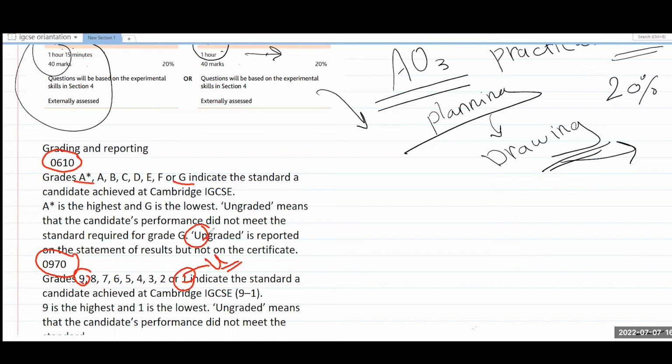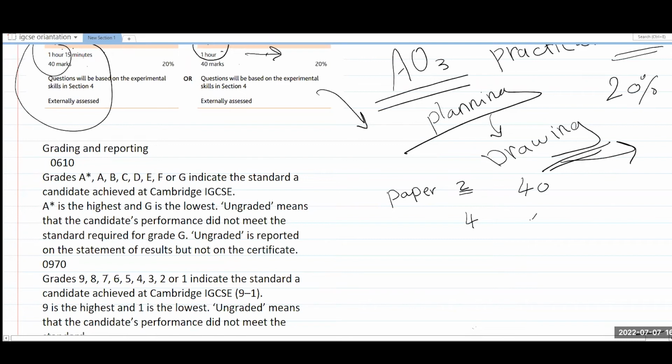I just want to tell you there is a uniform mark, which depends on the curve, but I want you to understand a very important thing here. Paper 1 and paper 2 carry 40 marks. Paper 4 carries 80. Paper 6 carries 40.